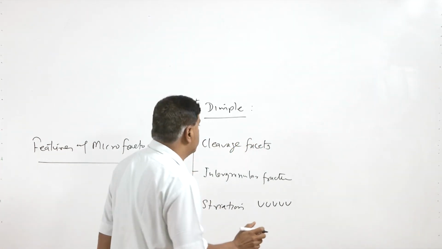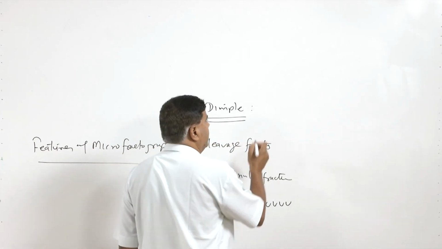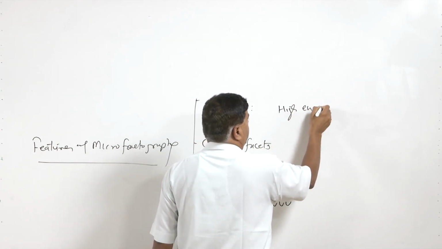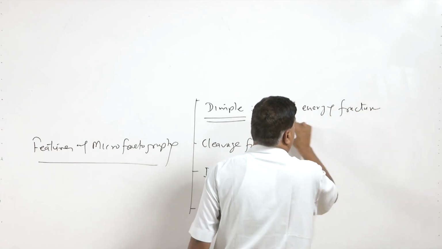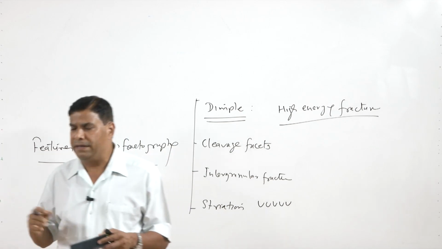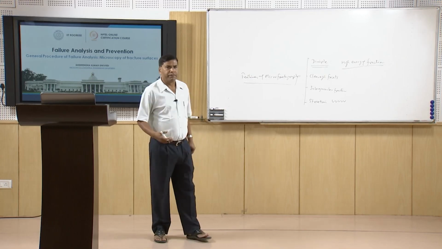There is one thing which is common, that whenever dimples are observed, they are considered to indicate high energy fracture. Whenever dimples are present on the fracture surface, it is considered that it would have needed very high energy for causing the fracture.